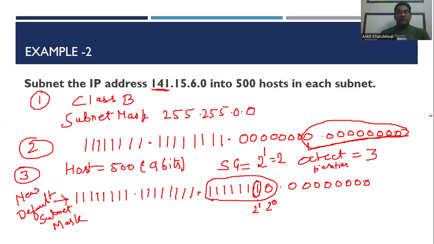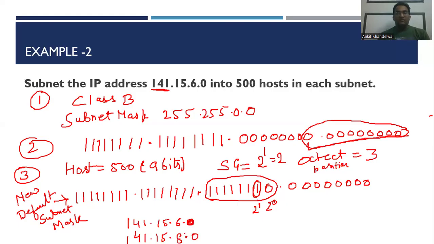Now what do we have to do? After finding out the subnet generator, we have to find out the network ranges. So the network starts from 141.15.6.0. What is the subnet generator value? 2. So the next network address will start from 141.15.8.0.